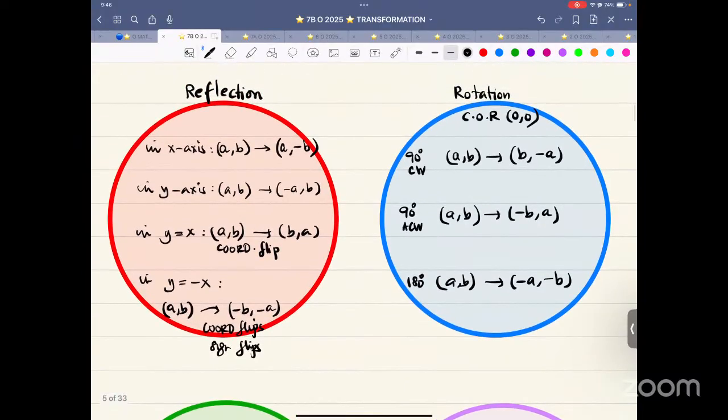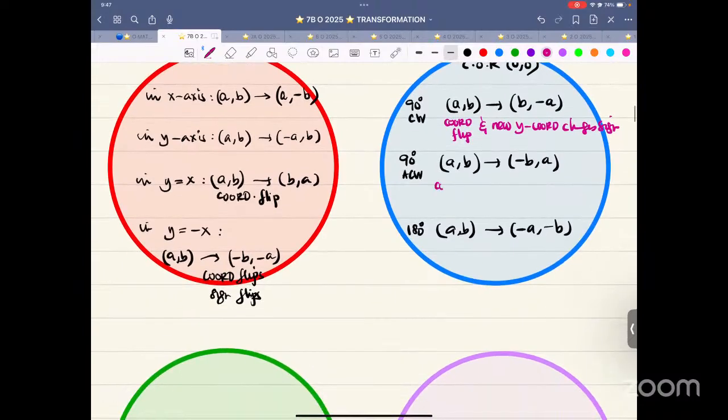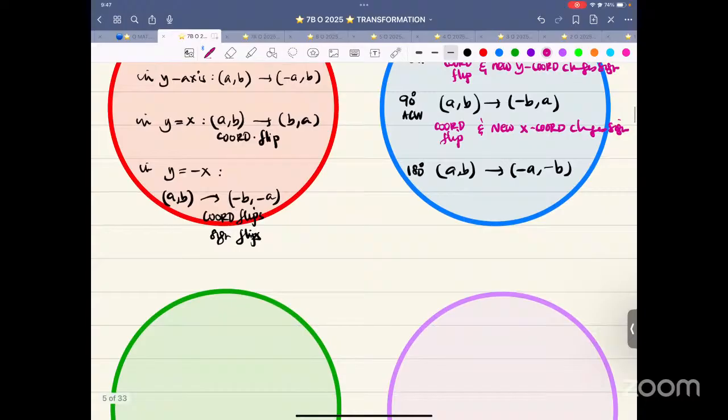Now, first of all, you will write over here, coordinates flip, and new y coordinate changes sign. Over here, you will write coordinates flip, and new x coordinate changes sign. And over here, coordinates do not flip.